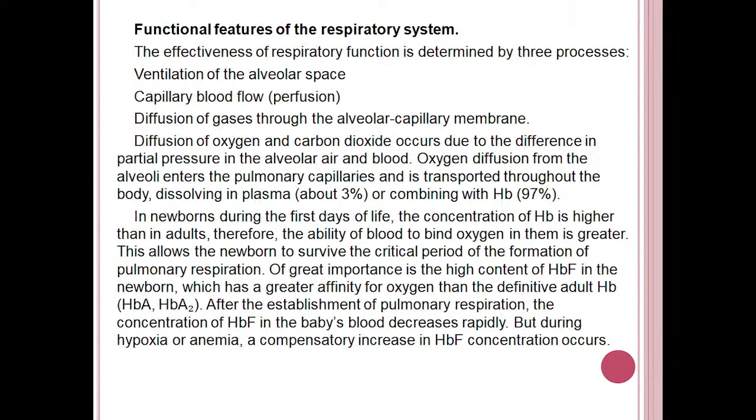The next, functional features of the respiratory system. The effectiveness of respiratory function is determined by three processes: ventilation of the alveolar space, capillary blood flow, perfusion, and diffusion of gases through the alveolar-capillary membrane. Diffusion of oxygen and carbon dioxide occurs due to the difference in partial pressure in the alveoli and blood.